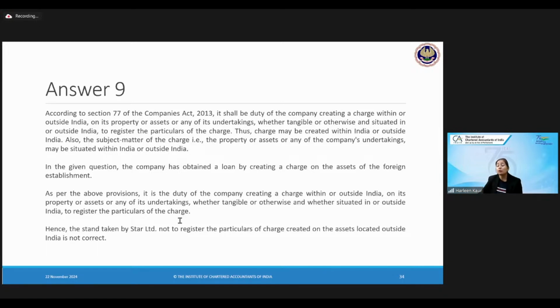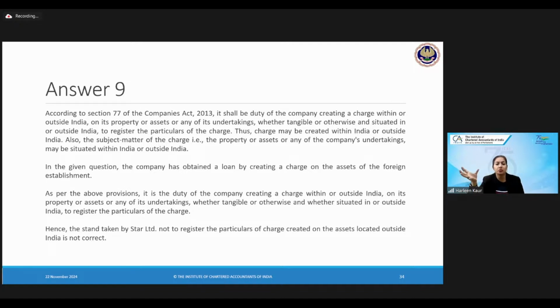Now, see how you have to attempt it. You will not simply write down a yes or no answer. The answer you have given, that the stand taken by the company is not correct, is right. But this is how you have to attempt your answers, children. Always write your case study answer in 3 paragraphs, with relevant provisions as per the Companies Act 2013.